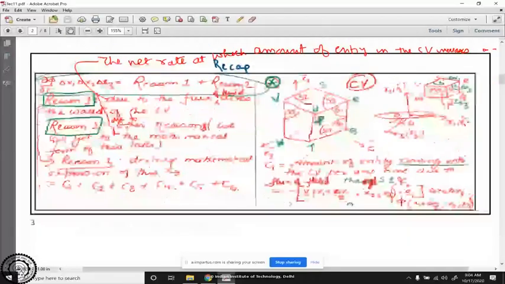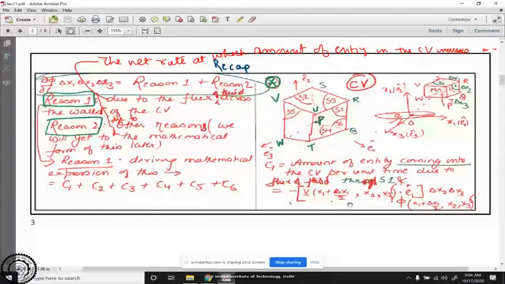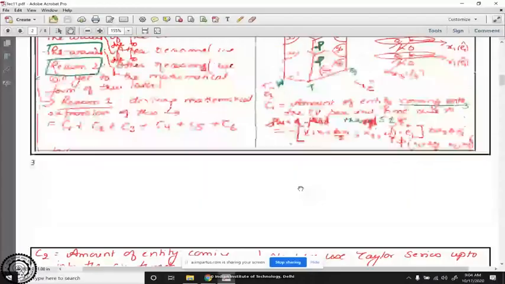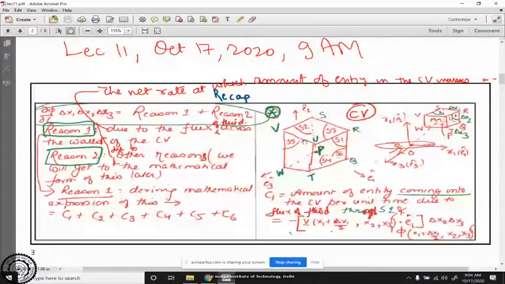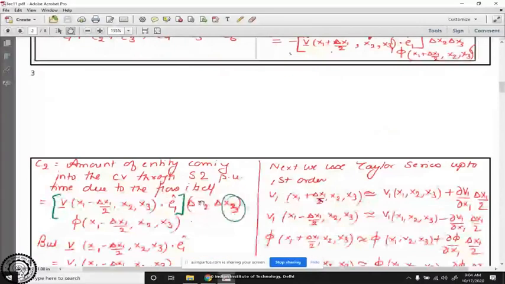What is important is to keep in mind that I am asking about entity coming into the control volume, so you have to take care of the sign properly. When you go to the opposite surface S2, which is still perpendicular to E1 but has its outward normal in the other direction, the question remains the same: the amount of entity coming into the control volume through S2 per unit time due to the flow field.